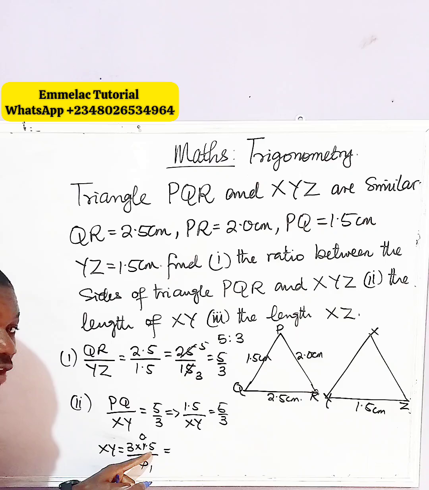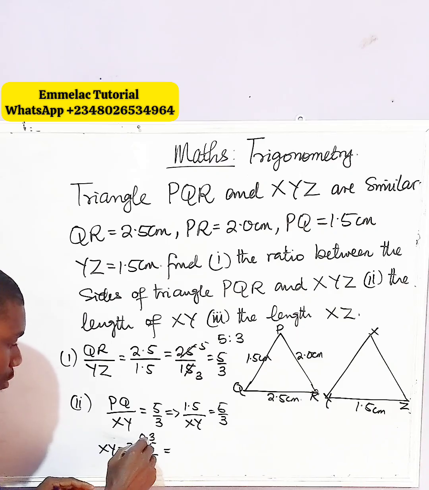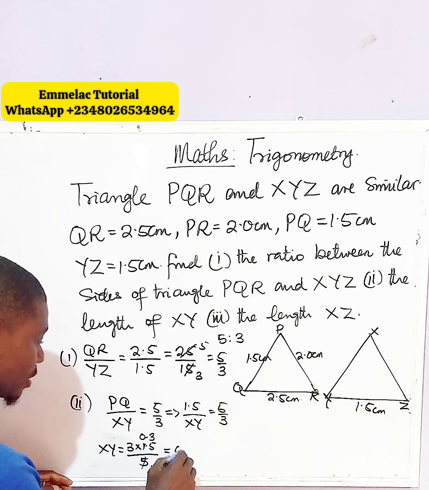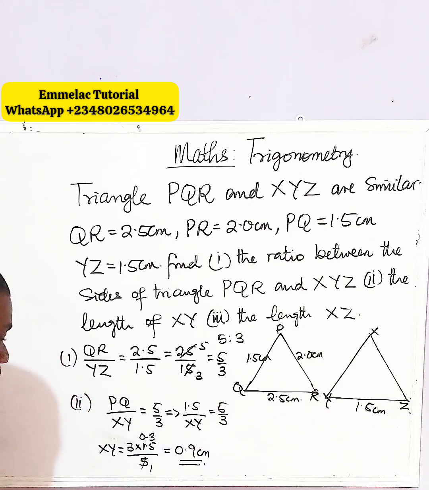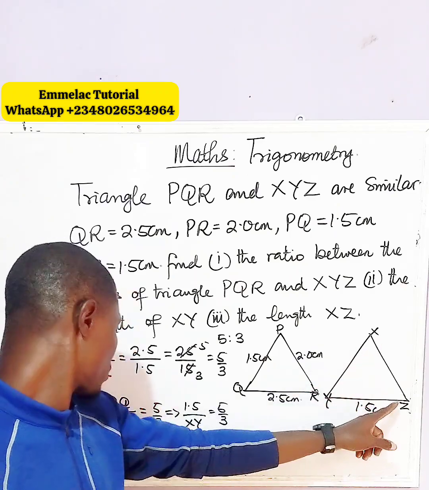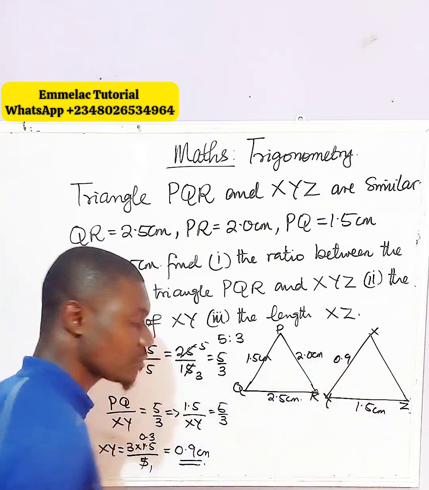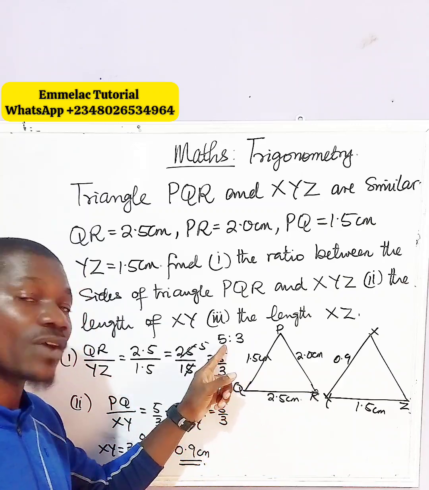Then you add 1 to 5, making it 15. 5 in 15 will give us 3. So we are left with 3 times 0.3, and 3 times 0.3 will give us 0.9 centimeter. So the size of XY here will be 0.9, that corresponds to 1.5 in 5:3.